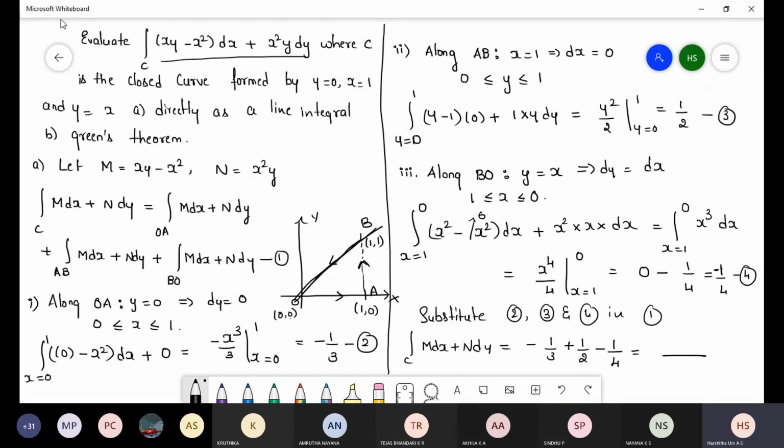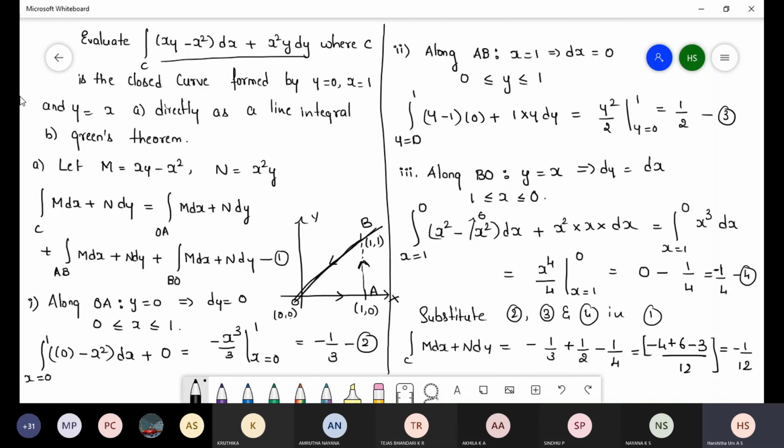So the LCM is 12. Here we get minus 4 plus 6 minus 3. So we get minus 1 by 12 as the answer for the line integral. Minus 1 by 12 is the value of the line integral.